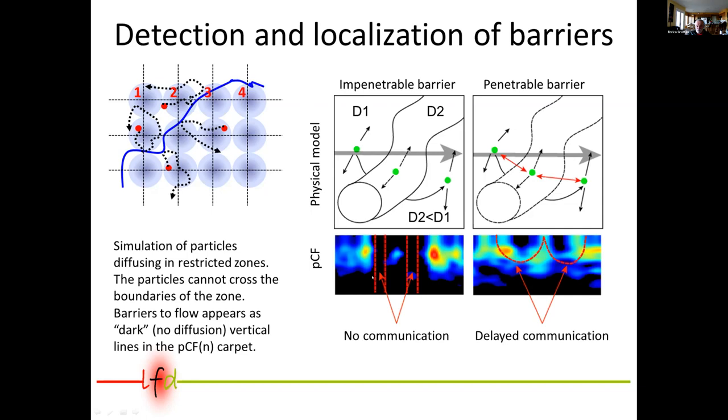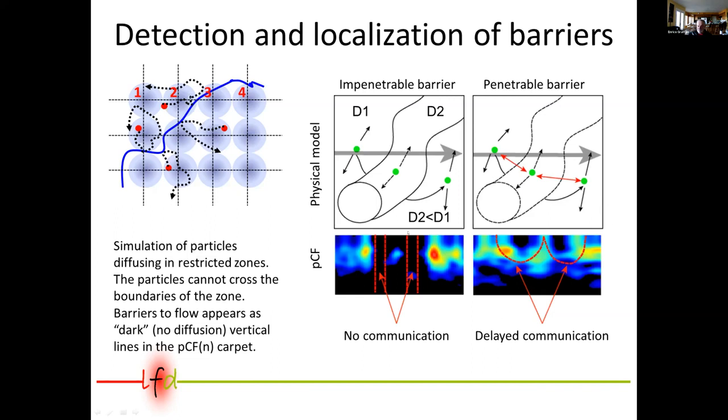With respect to the center of the particle, in the border left and in the border right, I will have no possible communication because the particle cannot enter. But if once in a while the chromatin opens up and the particle can enter, I can find something. And you can see that I will have a delayed communication, which will depend on when the chromatin opens up and the particle can go there.